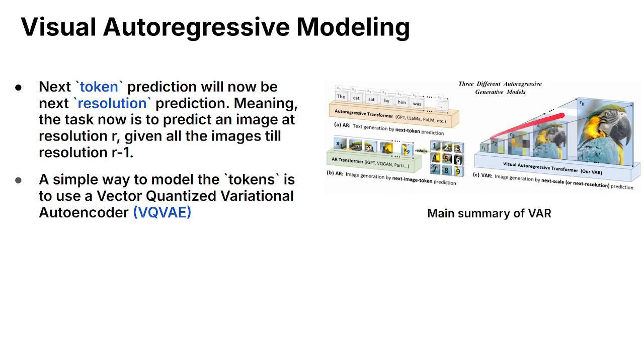So this is a transformer that they're using, which starts off with basically a one by one, let's just call it a one by one image, and then it tries to generate a two by two image from it, or a four by four. Then using that one by one and four by four image, it tries to create a nine by nine image, and using all of these, it tries to create something like that, and ultimately the final resolution.